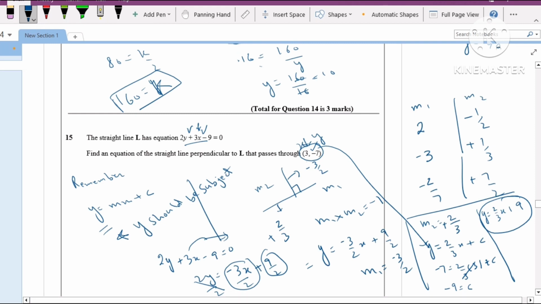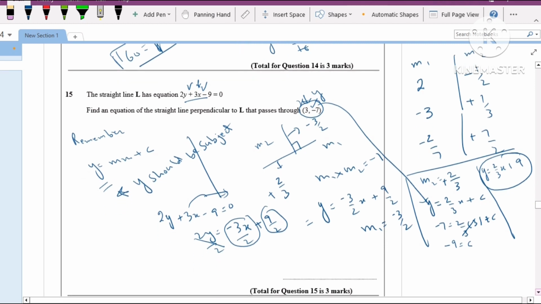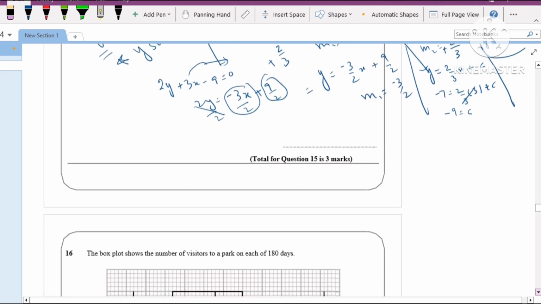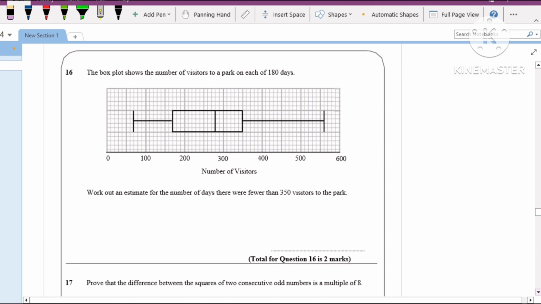Move to the next question, question number 16. The next question is from the whisker plot. Work out the estimate for the number of days there were fewer than 350 visitors to the park.